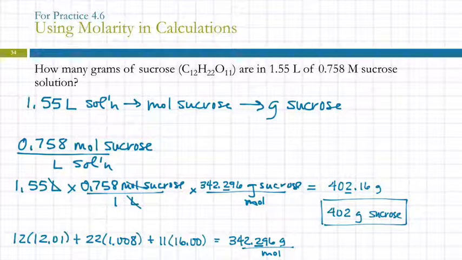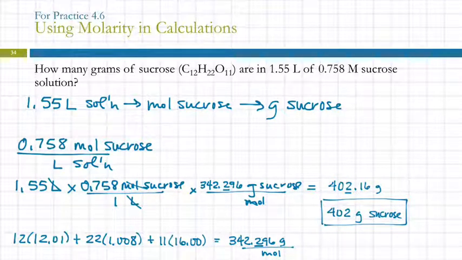It's helpful to have a concept of how large these things are. So 1.55 liters, that's smaller than a 2-liter bottle of soda, right? But, you know, it's getting close there. 400 grams, that's kind of a tough one. How big is 400 grams of sugar?